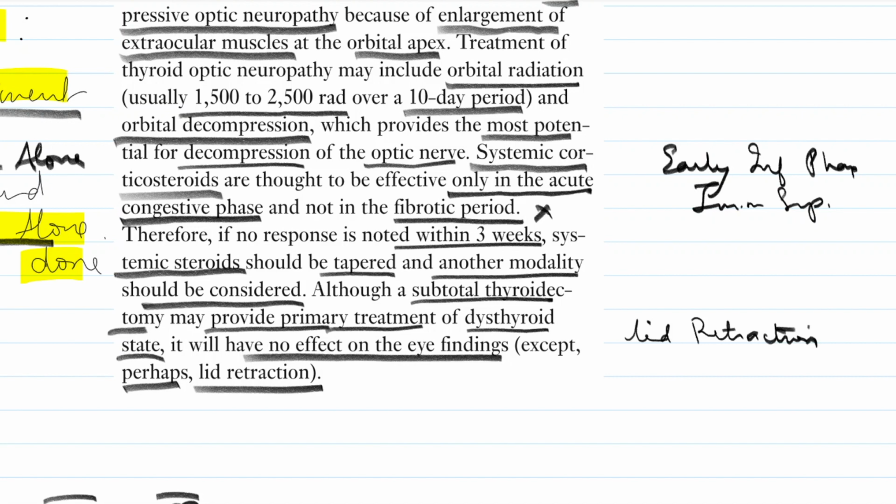So now let's have a look at restrictive myopathy and a few things about it. Surgery is only done if the vision is compromised, or if the patient experiences diplopia, and only when the inflammatory stage has been stable for 6 months, because inflammatory stages are notorious for spontaneously resolving, or they respond well to steroids.